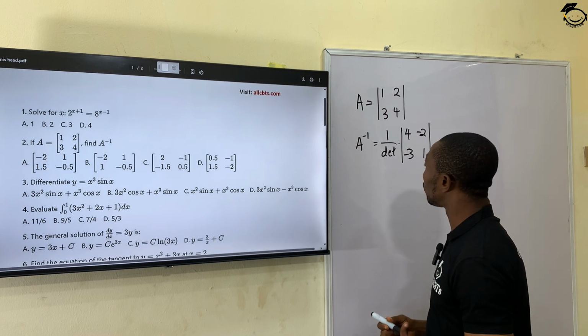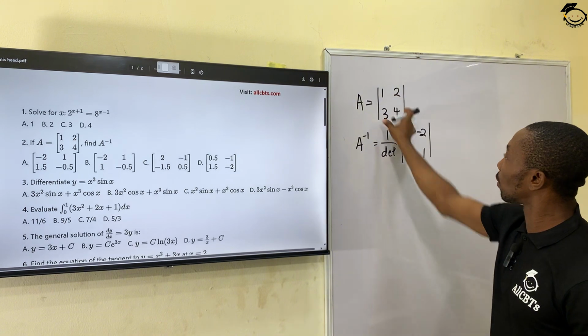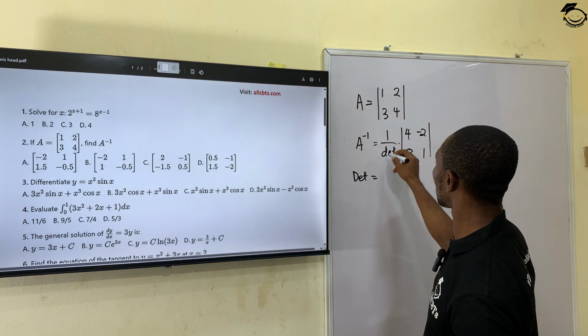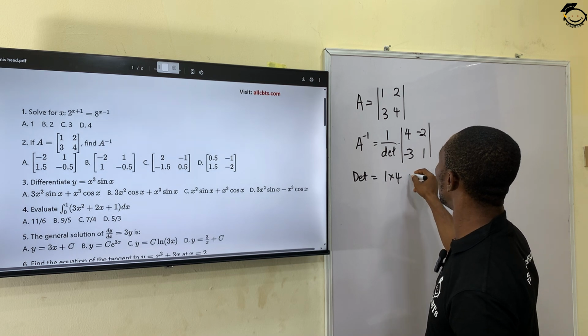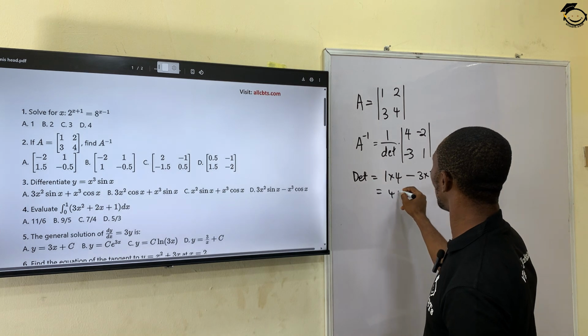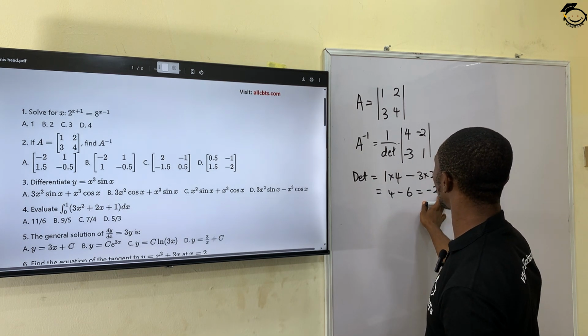So to find our determinant, we have 1 times 4 minus 3 times 2, which gives us 4 minus 6, which gives us minus 2. So our determinant will be minus 2.